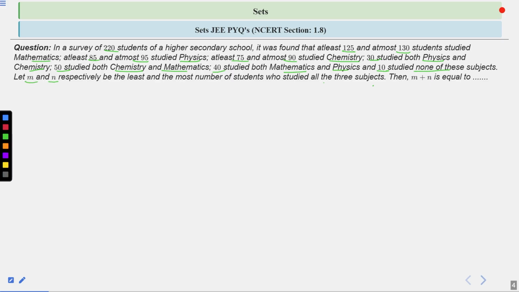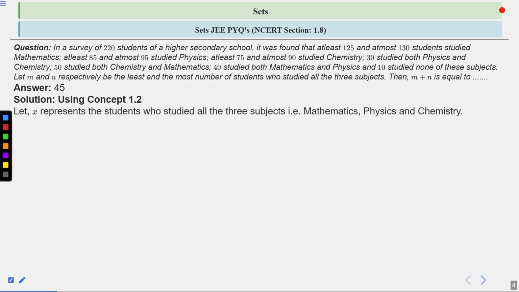Let M and N respectively be the least and the most number of students who studied all the three subjects. Then we have to find out the sum, M plus N. Simple. So the sum is going to be 45. How? Just see the solution.